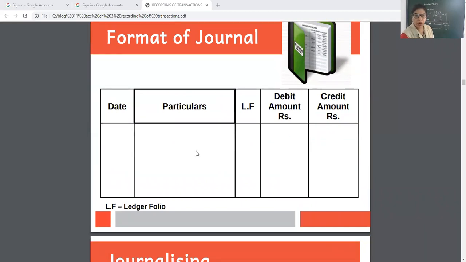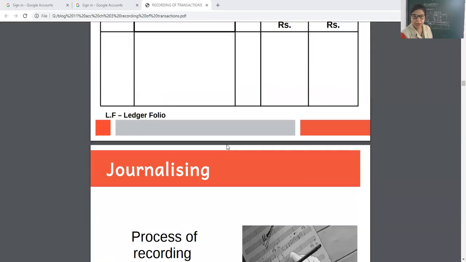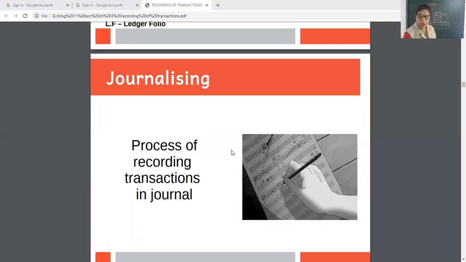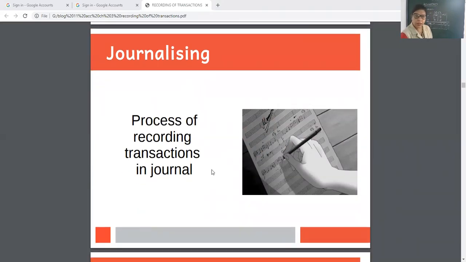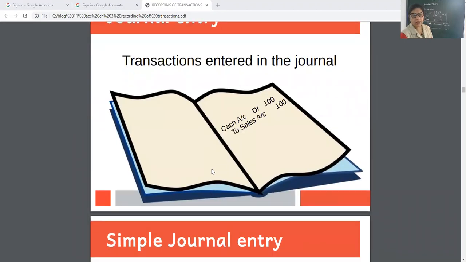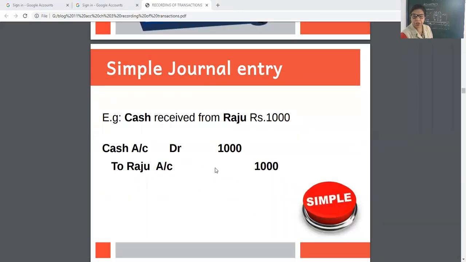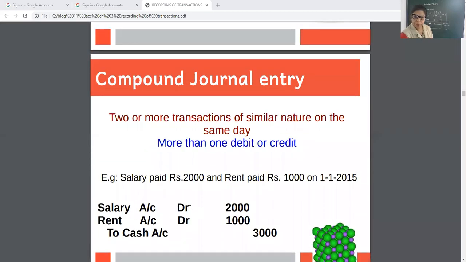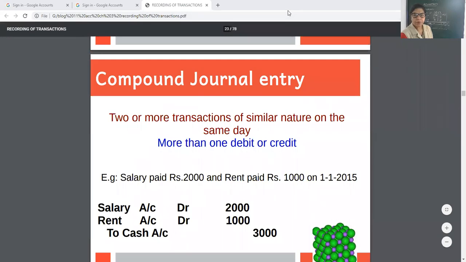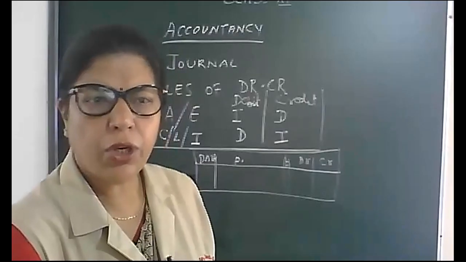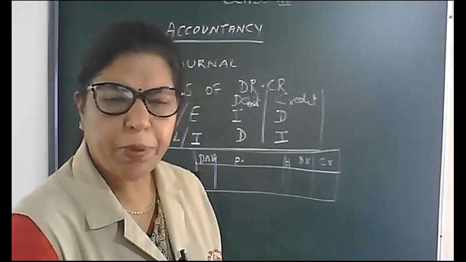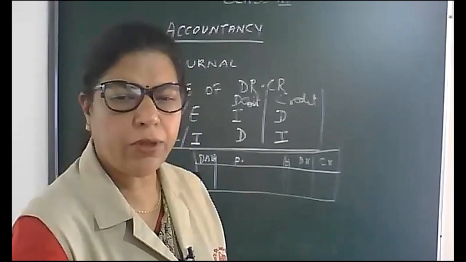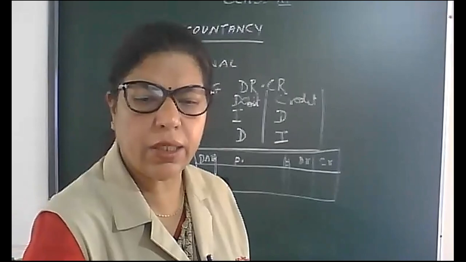Then I told you how to make the format of the journal, and that the process of recording transactions is journalizing. Then I gave you a simple journal entry. Simple means one debit, one credit, and compound means multiple debits or multiple credits. I am sure you all understood today's topic. Tomorrow I'll explain how to fill these general entries in that format.